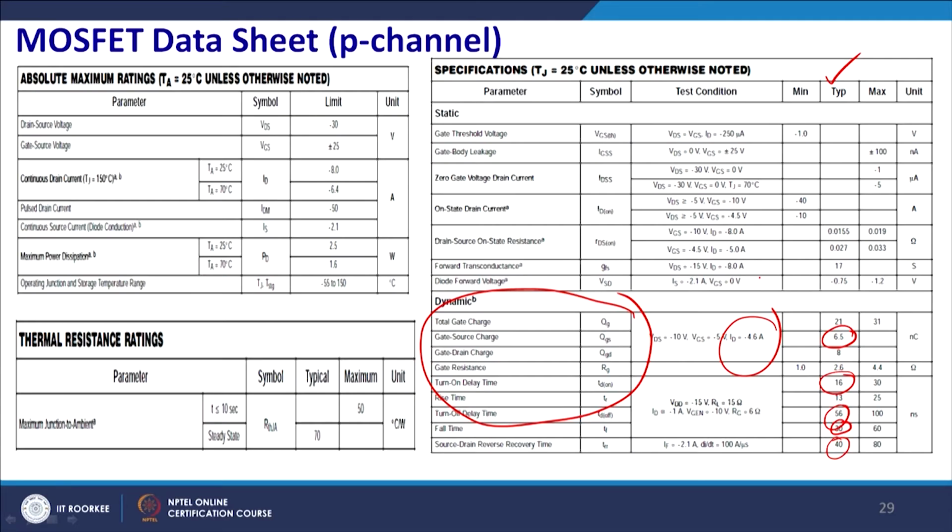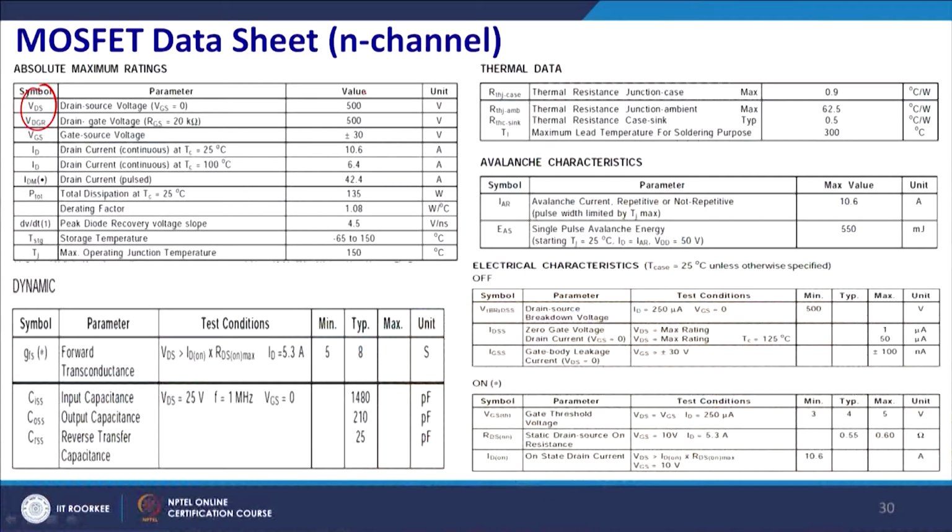also there are a few aspects: the gate threshold voltage is required to be in this region, and apart from that you basically operate in the range of 70 volts, quite less than the other voltages. So, VDS can be 500 volts, but here we are talking about 1000 volts and more.